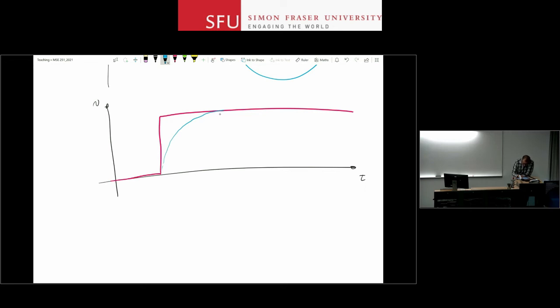And slowly over time, you should reach the final value. What you see instead is a behavior like this: you apply your pulse and the output starts to increase as a ramp. At some point it gets close to the input, and then it becomes equal to it. But it's changing much slower than you thought. The single pole system goes up much quicker than the system that you're dealing with.